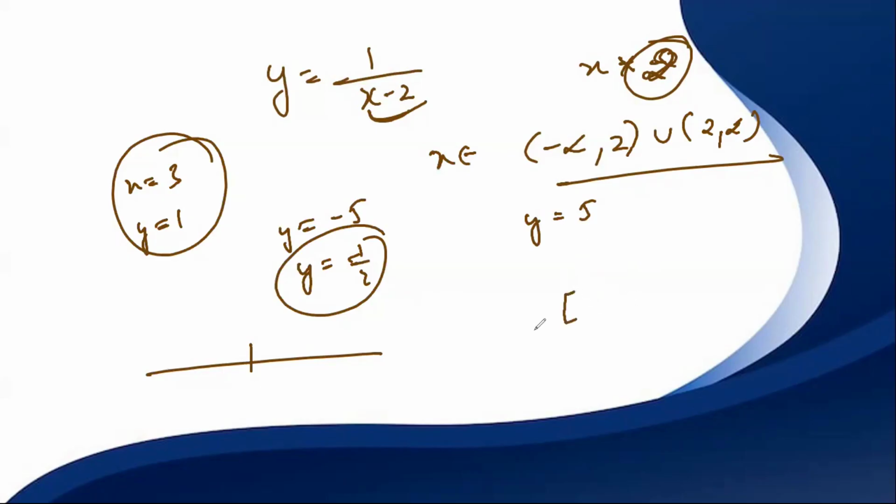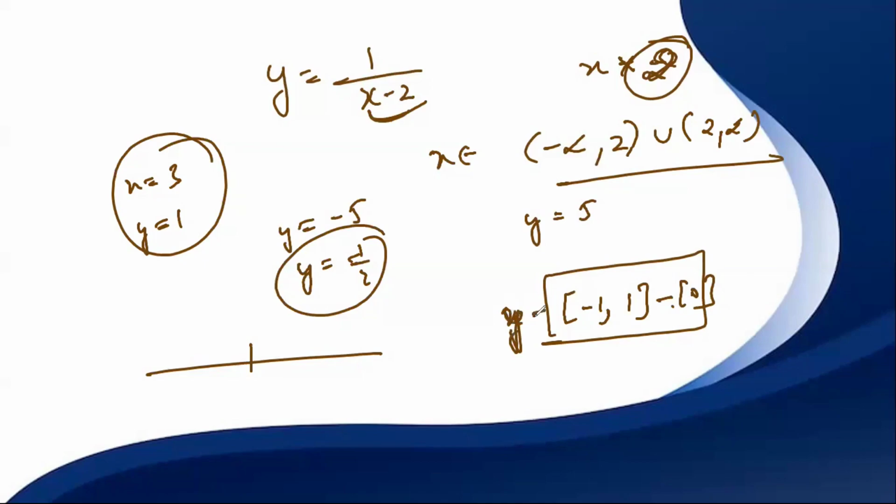Do you get minus 1 also? Minus 1 you will get when you are putting 1 in the place of x. So yes, from minus 1 to 1 you are getting values every time. 0 you will never get.